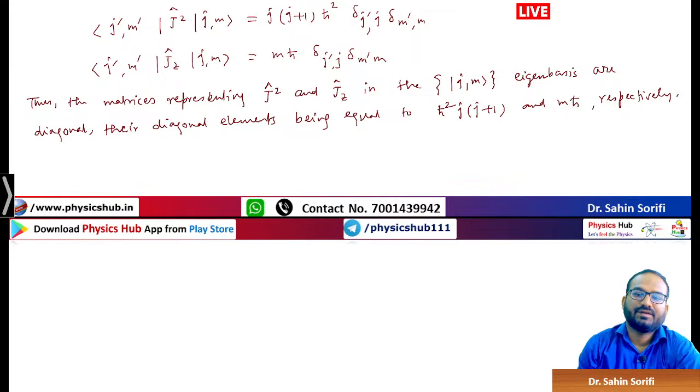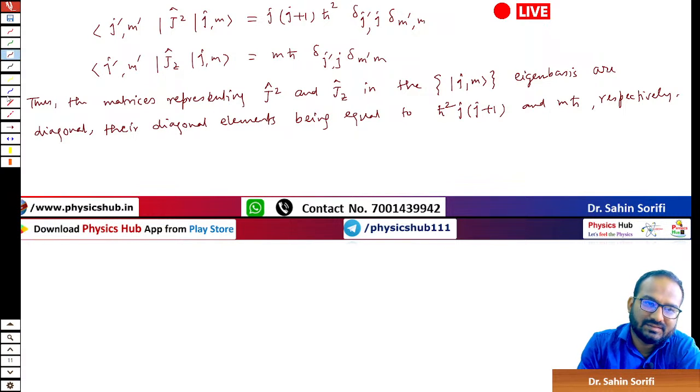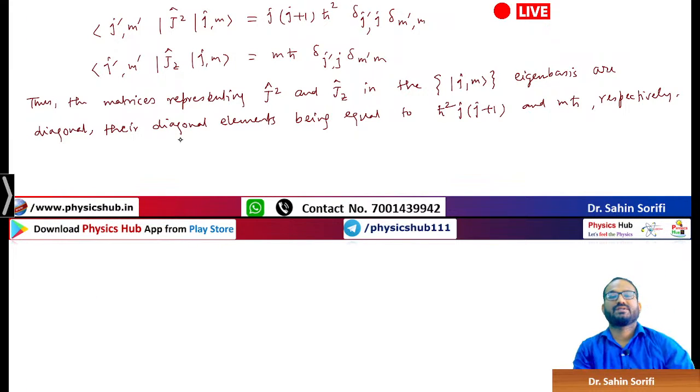Now you see, if J plus and J minus had commuted with Jz, then they could also be written in terms of this eigenbasis, and it could have been diagonal also.